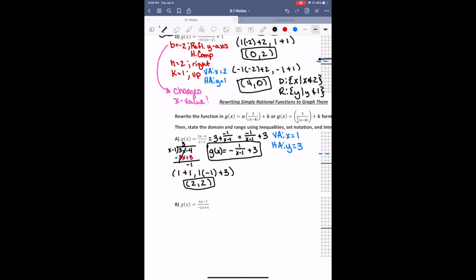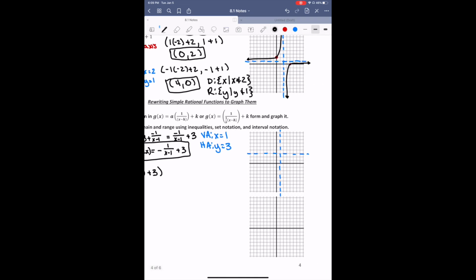Our second reference point, and I'm just going to go into the same expression here and change that to -1. So -1 plus 1 is 0. And -1 times -1 is 1, plus 3 is 4, making our second reference point 0, 4.